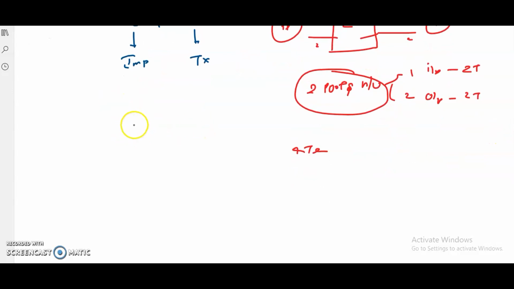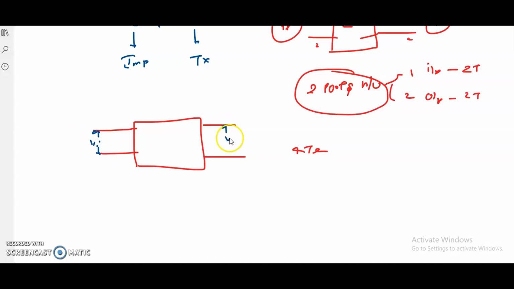From this concept, if you take any passive network or a circuit connected with passive elements, it has 2 ports, and the left side port is called the input port. From here to here I am applying V1, and from here to here I am applying V2.